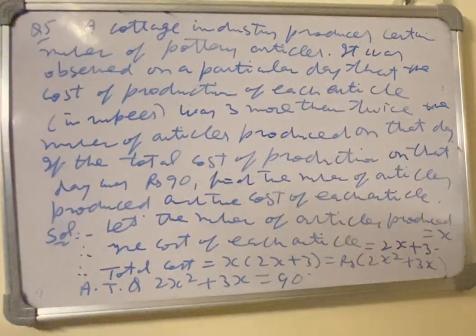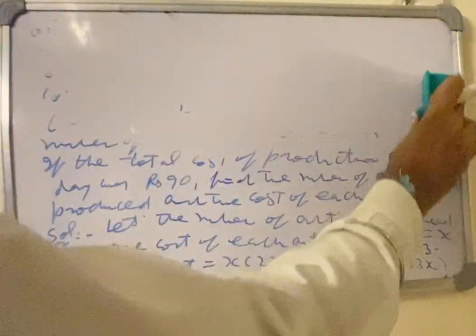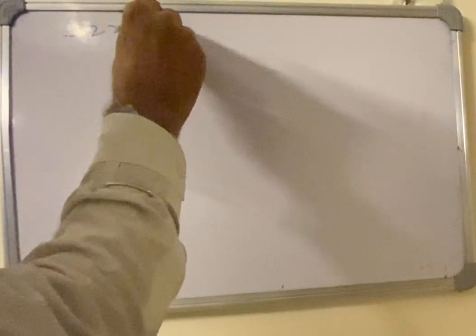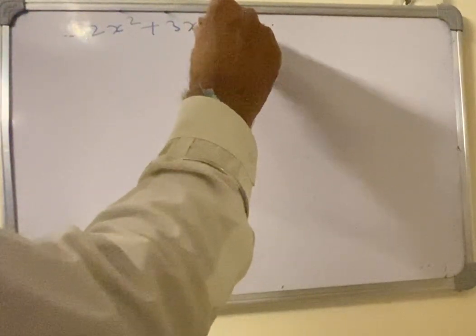We shall solve this. Therefore, 2x square plus 3x minus 90 is equal to 0.